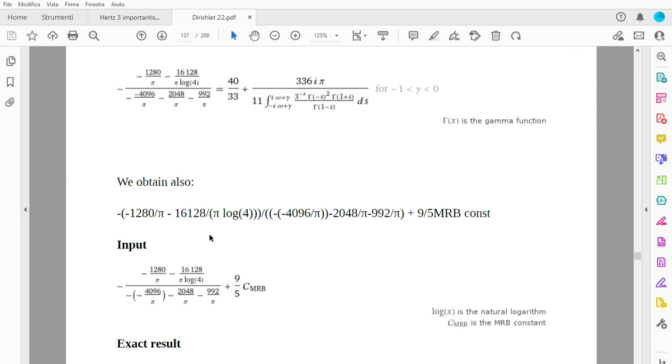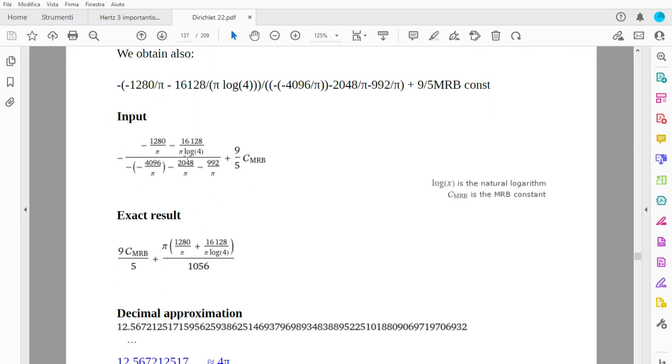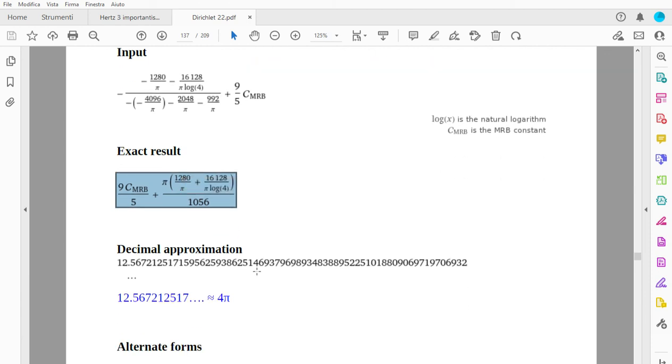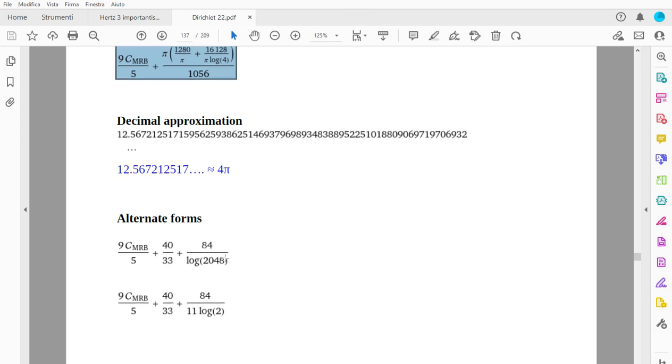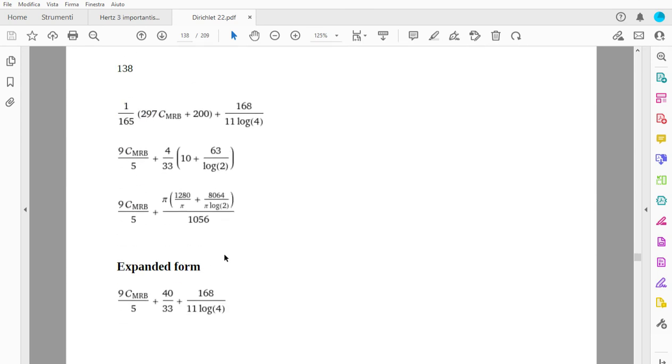We obtain also the following expression and the following exact result. Practically a value very near to pi multiplied by 4. Also here the study of the function.